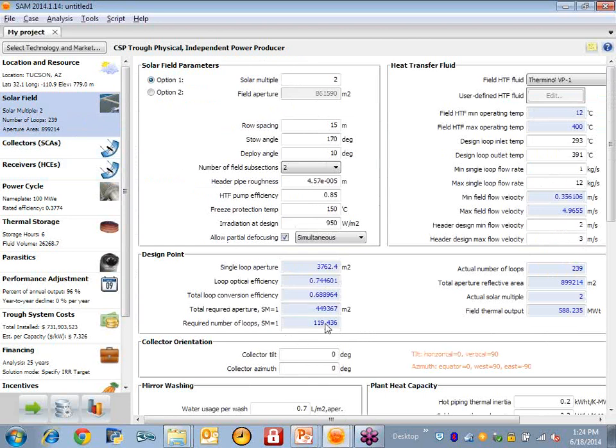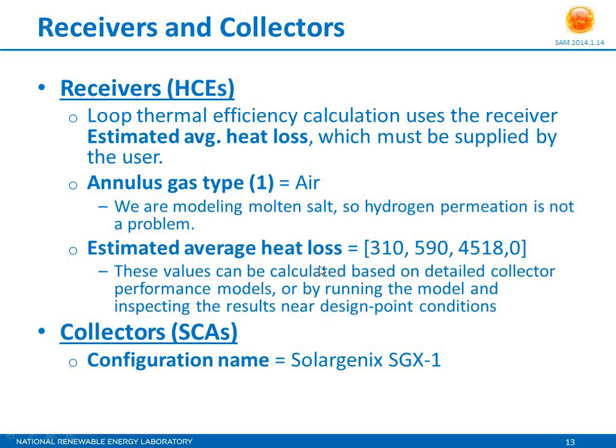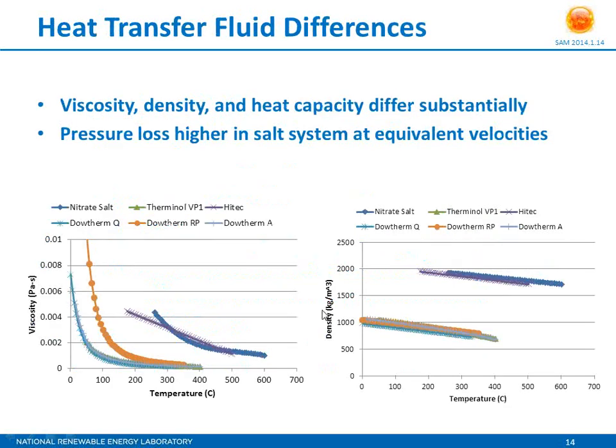So what I want to do quickly is flip back to this presentation and just take a step back and look at what we are actually doing when we switch the heat transfer fluid. Previously, the current setup is Thermanol VP1, and if you look at the properties for Thermanol, I've just picked two thermal properties.